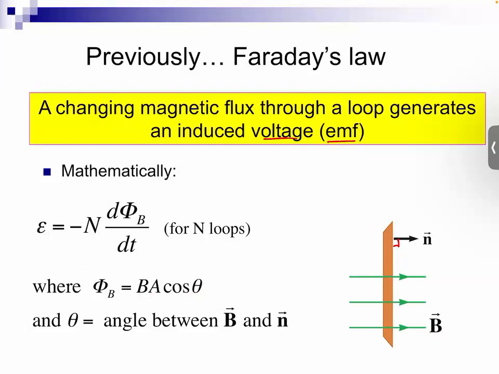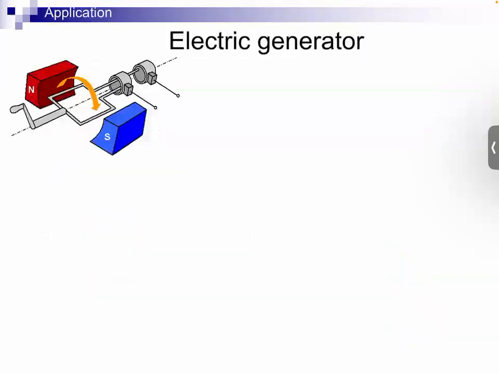And then, of course, if you have more than one loop, say you have N loops, each of those loops will generate a voltage because the magnetic flux will change through each of those loops. And therefore, the total voltage that's generated is just the number of loops times the rate of change in the flux.